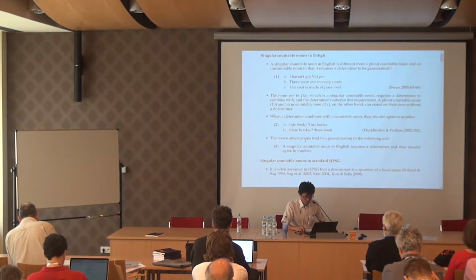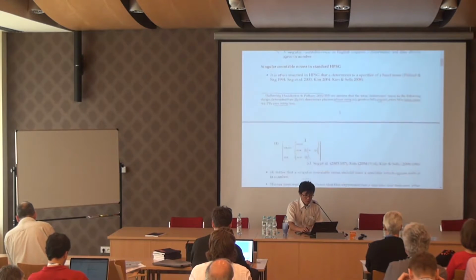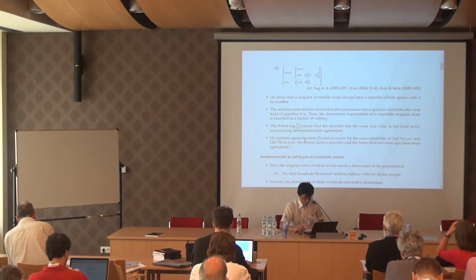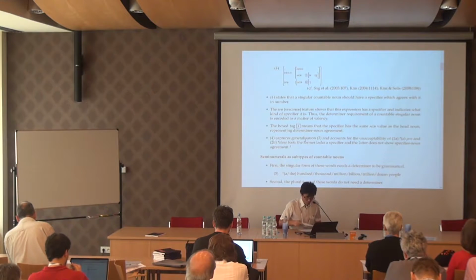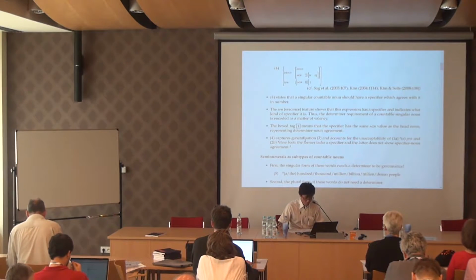In HPSG, it is often assumed that a determiner is a specifier of a head noun. In this assumption, a singular countable noun in English can be described as in 4. In 4, the value of AGR, the agreement feature, represents information about morphosyntactic properties of the expression.